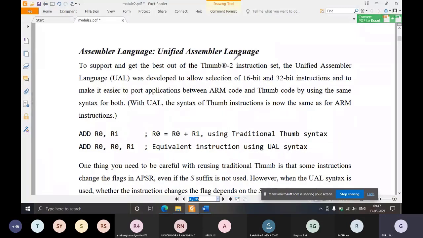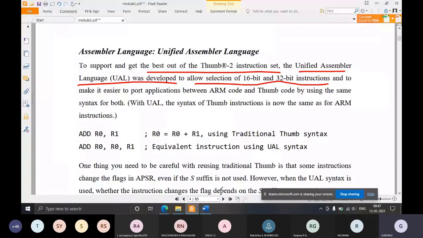Unified assembler language. What do you mean by unified assembler language? To support and get the best out of the Thumb-2 instruction set, which is supported by Cortex-M3, this unified assembler language, also known as UAL, was developed. Why was it developed? To allow selection of 16-bit and 32-bit instructions.